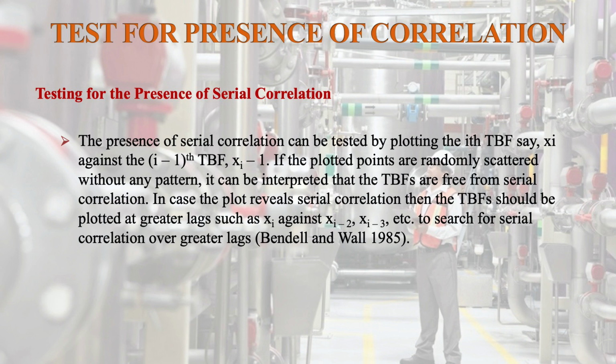If the plotted points are randomly scattered without any pattern, the TBF are free from serial correlation. In case the plot reveals serial correlation, then the times between failures should be plotted at greater lags, such as xi against xi minus 2 or xi minus 3, etc., to search for serial correlations over greater lags, Bendell and Wall 1985.